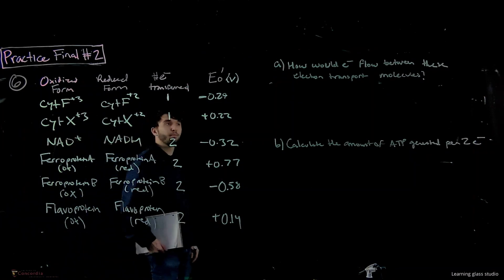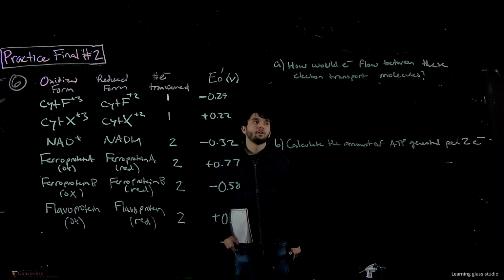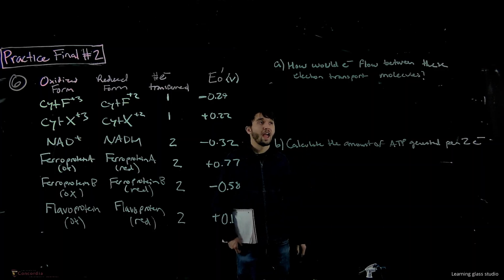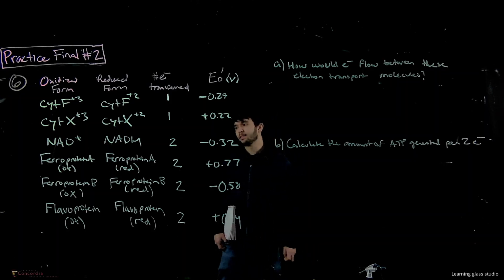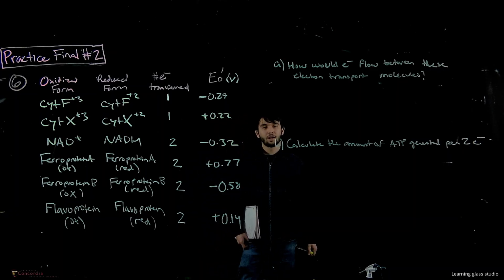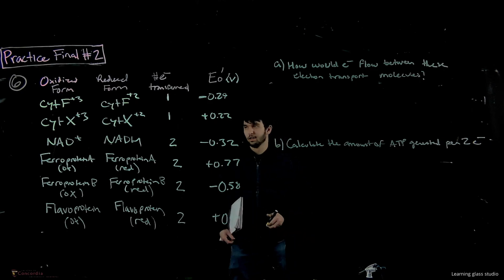All right, problem 6. Here we're given a list of electron transport molecules that make up some, I guess, newly discovered electron transport chain. We are first asked, how do the electrons flow between these 6 electron transport molecules? And then we are asked to calculate the amount of ATP generated per every 2 electrons.